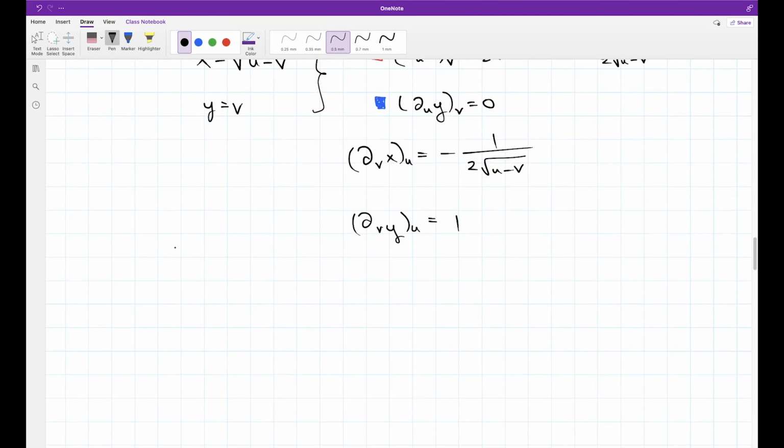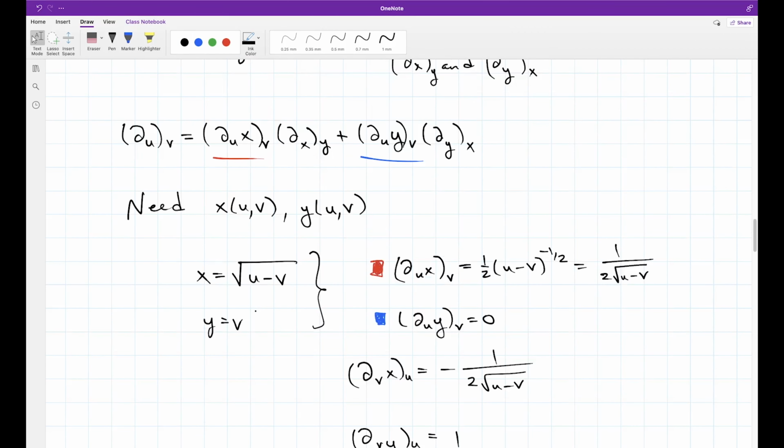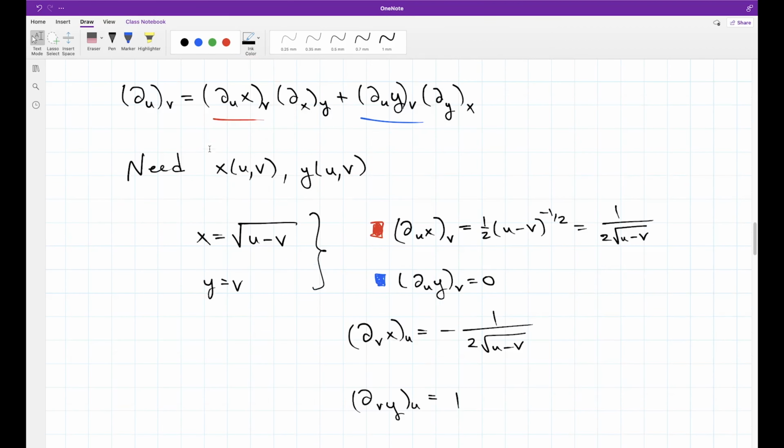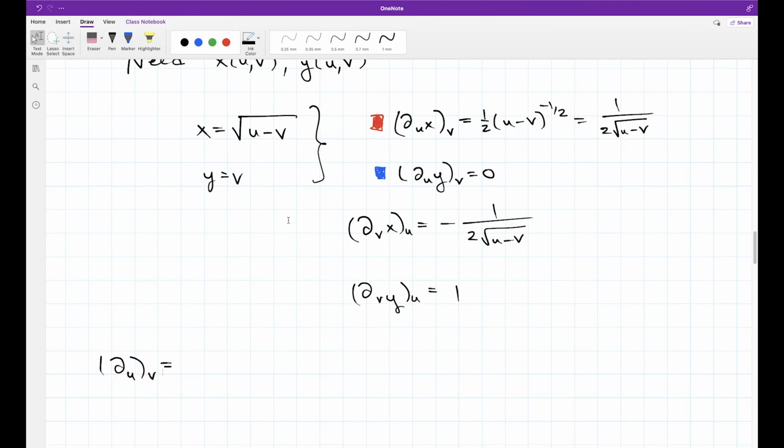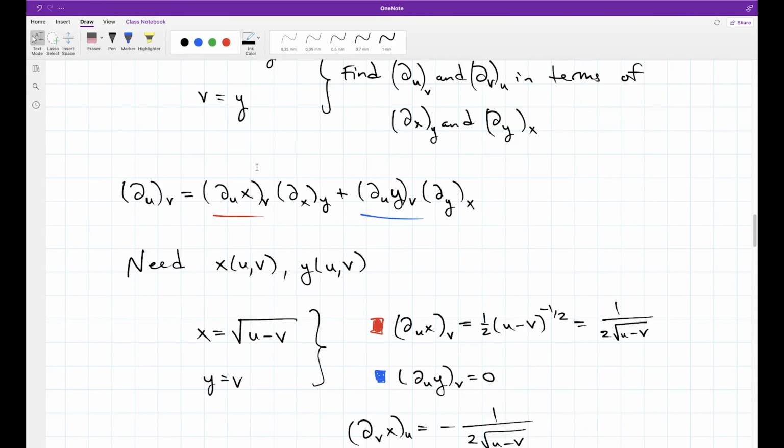Very good. So now we're in a position to write both of these. So partial u fixing v will be equal to, well, sticking in these two derivatives, one of them is 0. So we actually just get this, 1 over 2 root u minus v times partial x fixing y, as here.